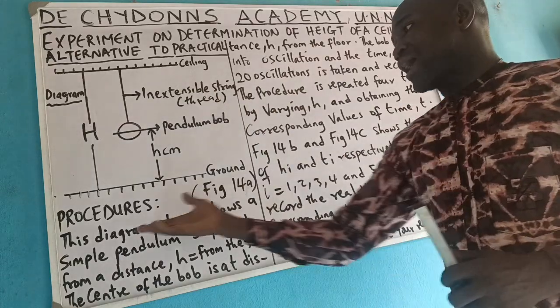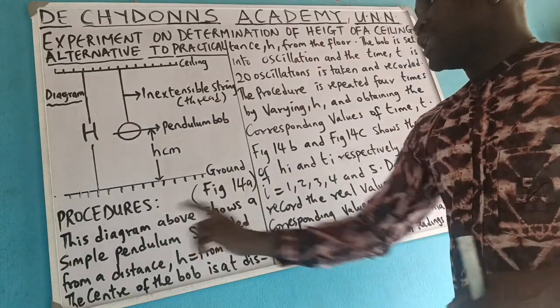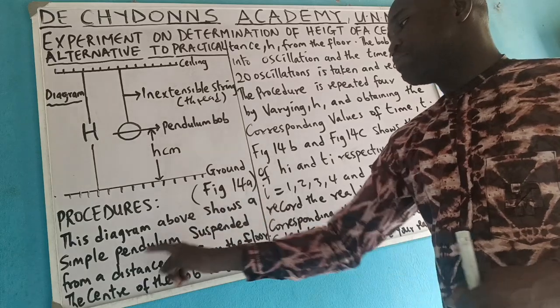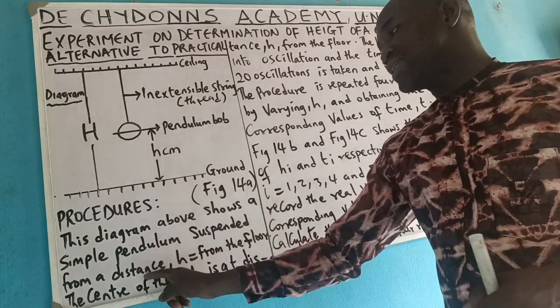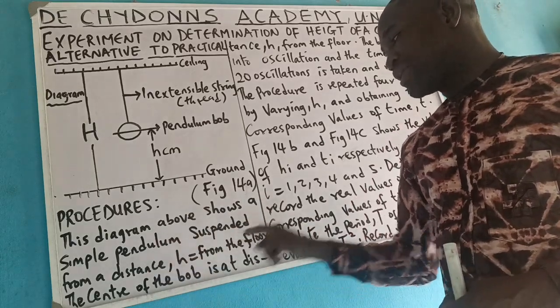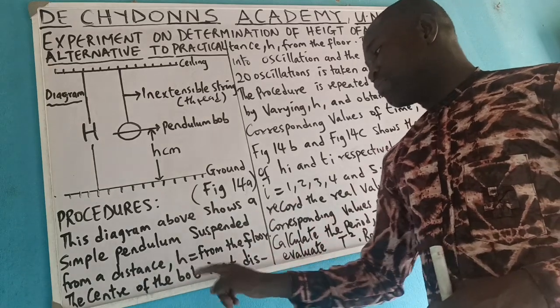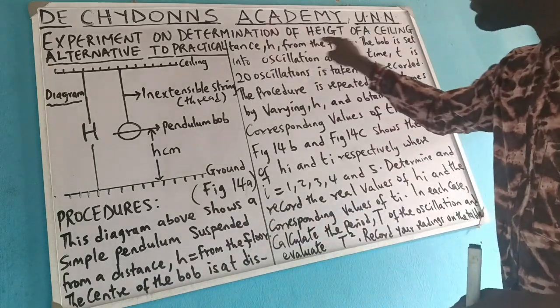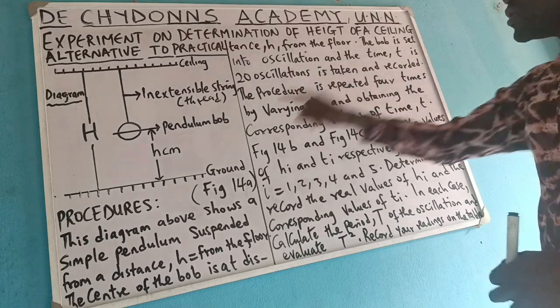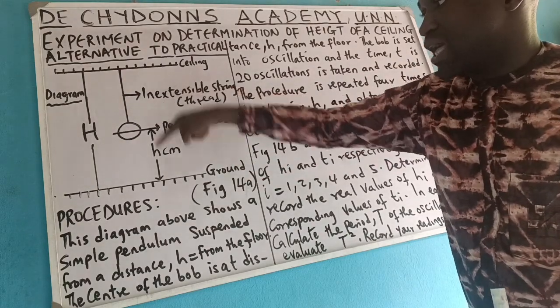Now, look at the procedures. This diagram above shows a simple pendulum suspended at a distance h from the floor. The center of the bob is at distance h from the floor, as we said, center to the floor.